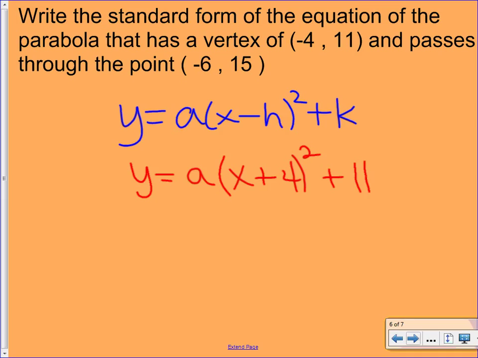We can plug in the point for x and y and solve for a. Excellent. We know that the point (-6, 15) lies on our parabola. So if we plug (-6, 15) into our equation, it should satisfy it. So for this y, we can plug in 15. For this x, we have a negative 6. And now we can just solve for that a value.